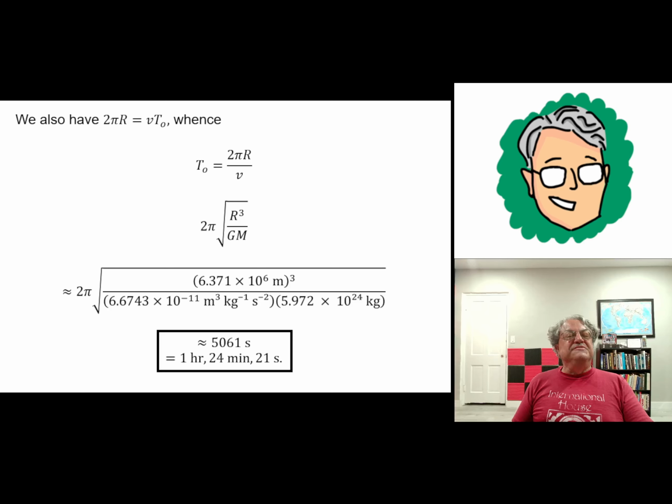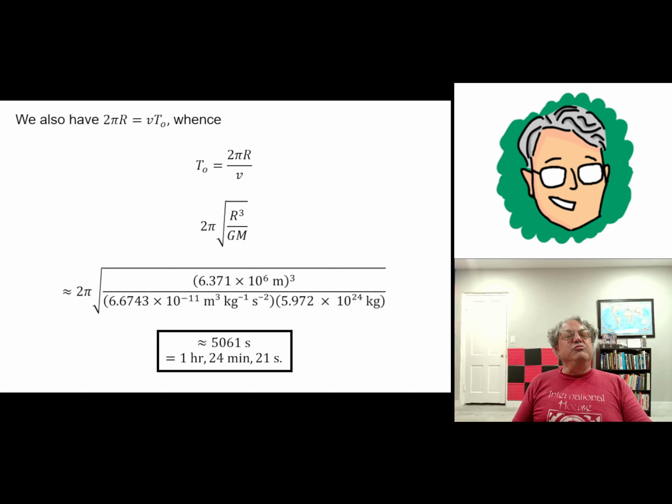We just use the formula distance equals velocity times time. And if the time is a full period, that means the distance the satellite is traveling is 2 pi capital R. So we have 2 pi R equals v times T sub O. Now we can just do some more algebra to solve for T sub O. T sub O is 2 pi R over v, and we already know what v is. It's the square root of GM over R.